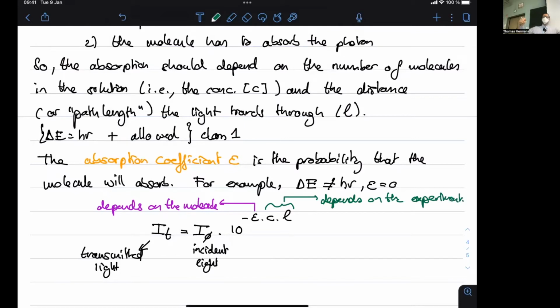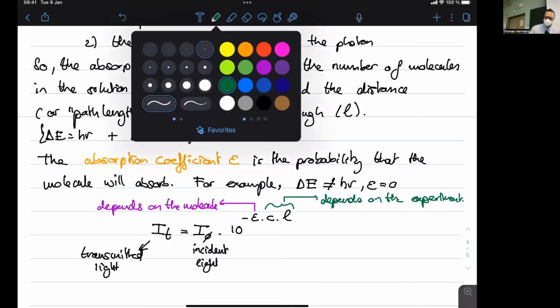I'm doing the experiment. I take my molecule, I weigh it, I make a solution, so I can control the concentration normally. The path length, what does it mean? You have a cuvette, which is a certain length. Usually it's 1 centimeter. You also have 1 millimeter, 100 micrometers, or 10 centimeters. But typically it's 1 centimeter. Okay, so I can control this.